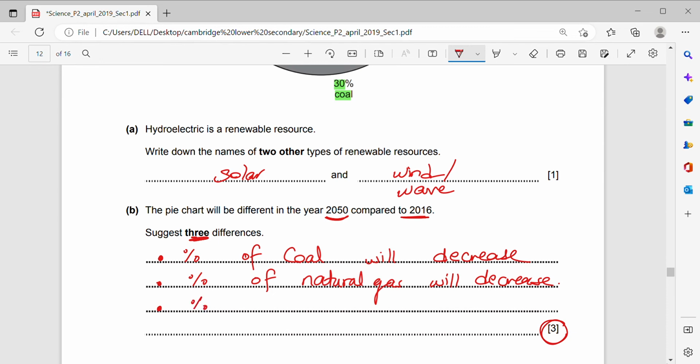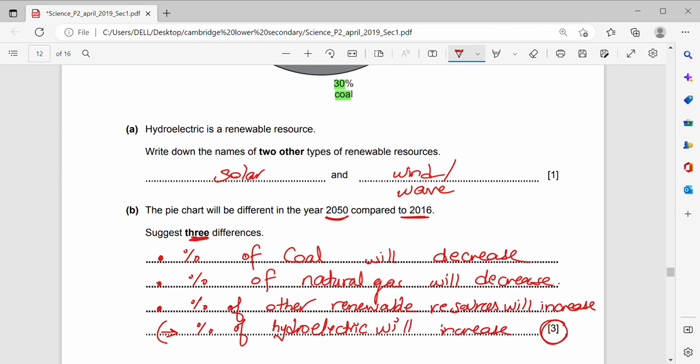The percentage of other renewable resources will increase. Someone else could write the percentage of hydroelectric will increase.